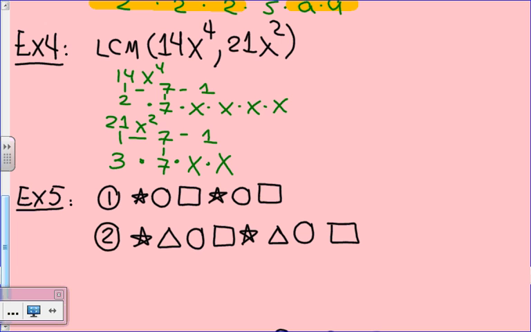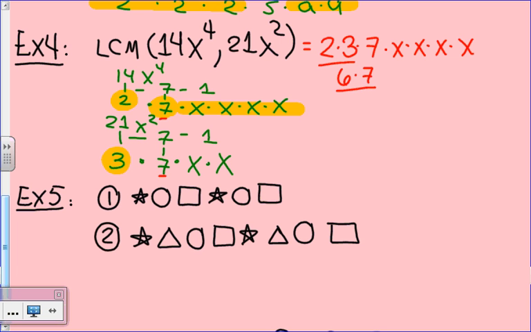So going back into how many times they repeat, I see a 2 comes up once, a 3 comes up once, and the 7s also appear once in each, so I'm only going to circle one of them. And then the most x's I see appear are these 4. So write it all down: 2 times 3 times 7 times x times x times x times x. We have 6 times 7, this is the 42x to the 4th.